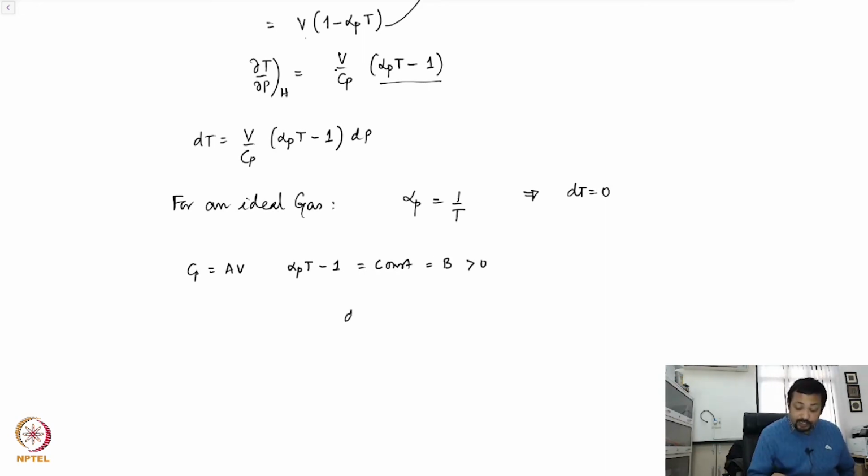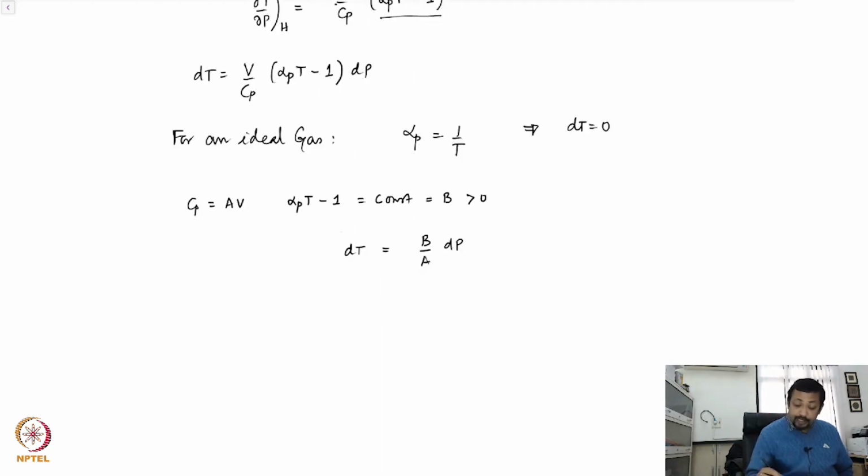Then very trivially you see that dT is going to be B over A times dP, and it depends on the sign of B.